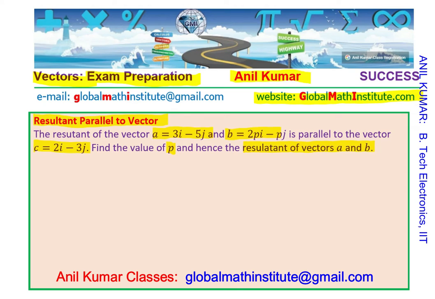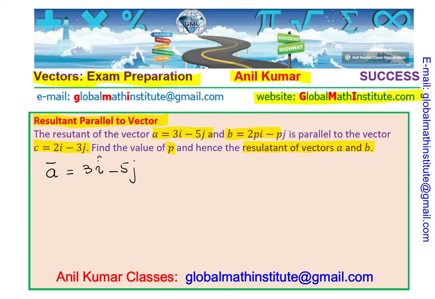So we are given two vectors. Vector A, normally we'll write with the bar on the top or it is written bold, is 3i, where i is the unit vector along the x direction, minus 5j. Vector B is 2pi minus pj.